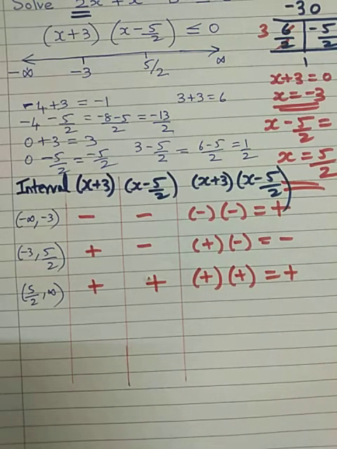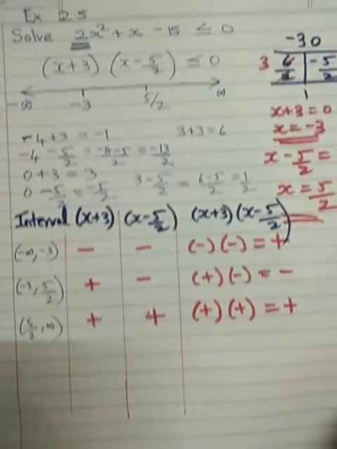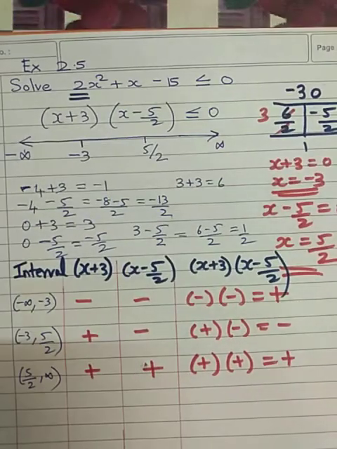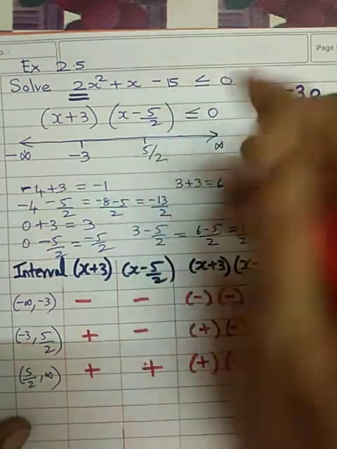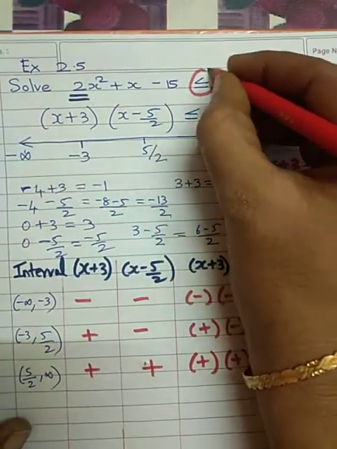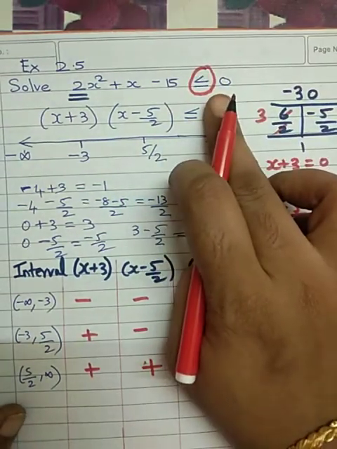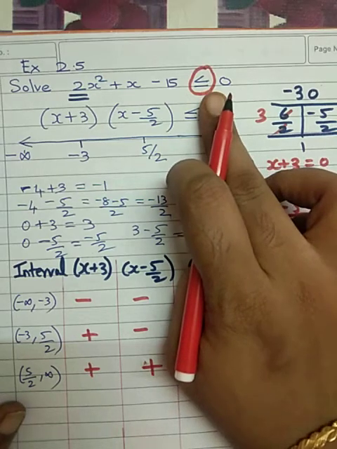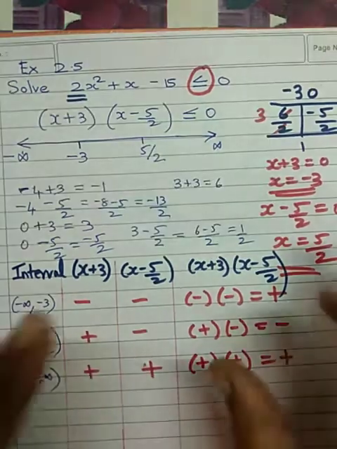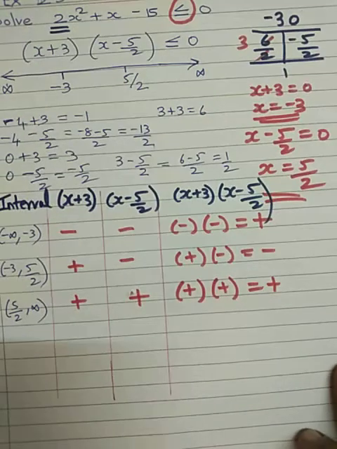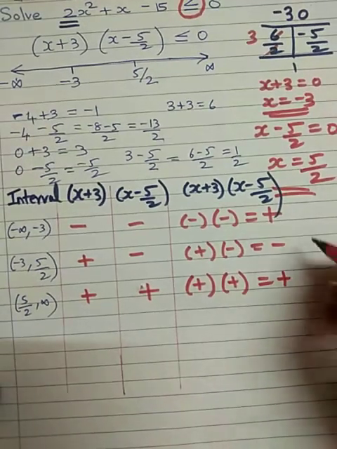After we complete the tabular column, let us see the question again. In the question, we are asked to solve this quadratic inequality, less than or equal to 0. Less than means negative sign. So in the last column, where we have a negative sign, that particular row should be selected.